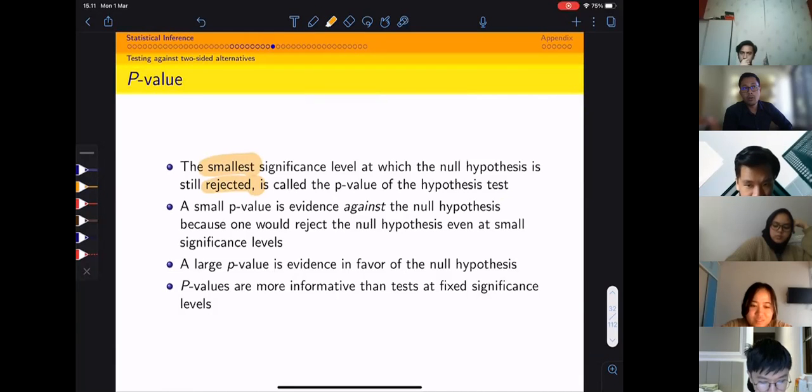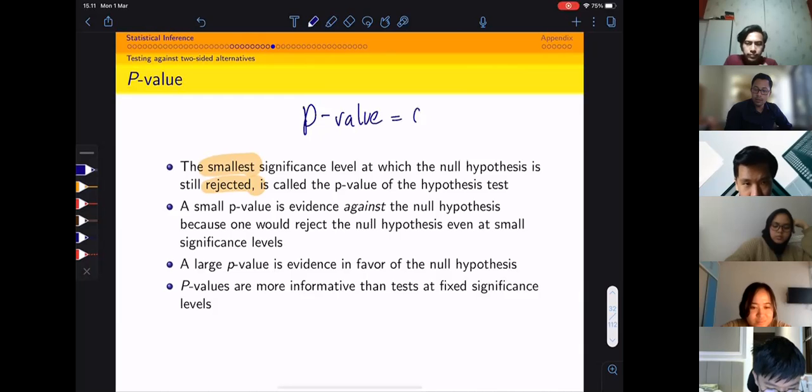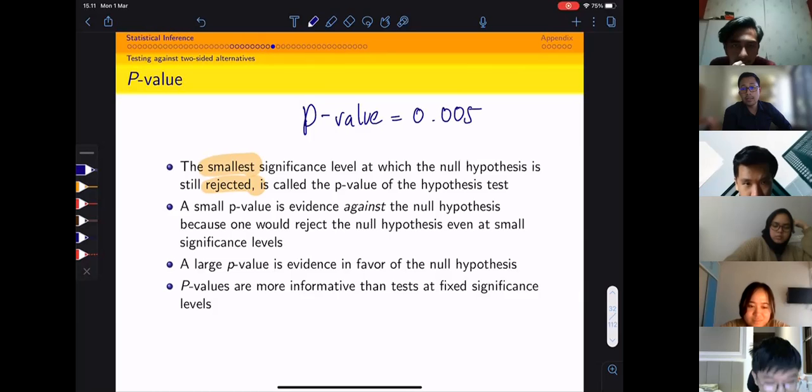So if you have a small p-value, suppose that your p-value is, say, 0.005, which is quite small, it's actually evidence against the null hypothesis. A p-value of 0.005 means that it's the smallest significance level at which the null hypothesis is still rejected.